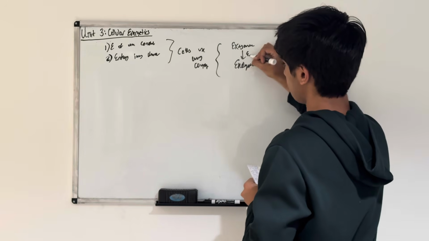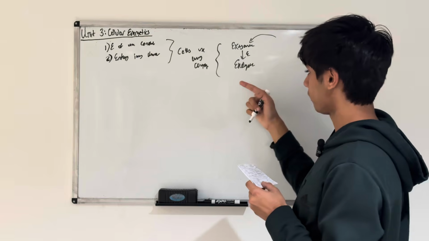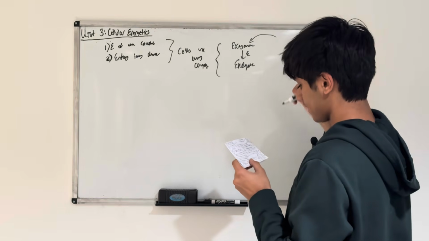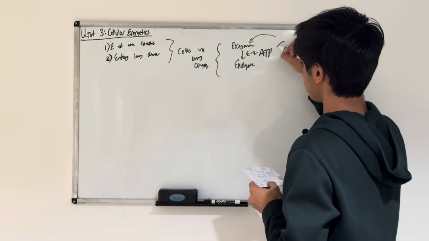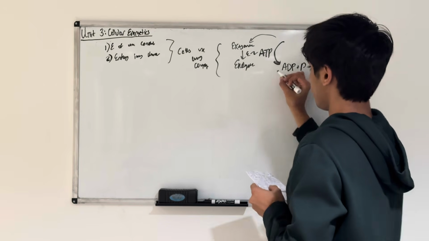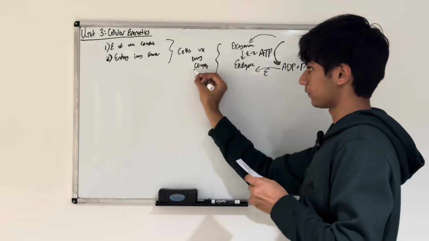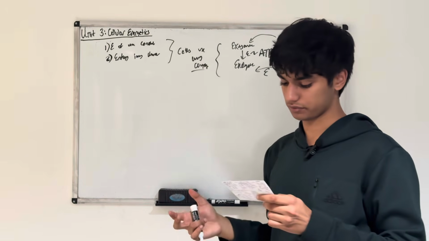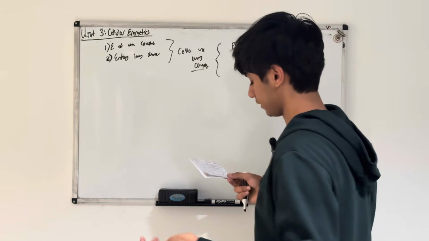So we use the energy from the exergonic process to then start the endergonic process. And the idea is this energy is usually in the form of ATP, and we break this ATP into ADP plus P, right? And this then makes energy, which we use for the endergonic reaction. And this is called energy coupling, which is a process that cells do to mitigate the fact that energy is constant and cannot be created or destroyed.